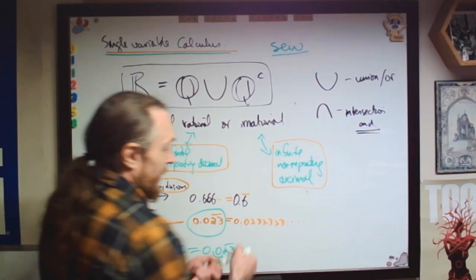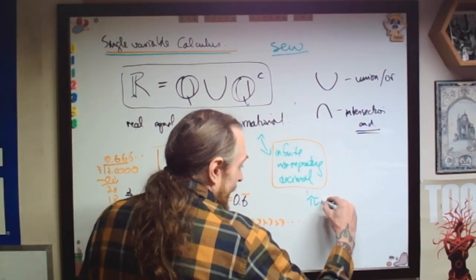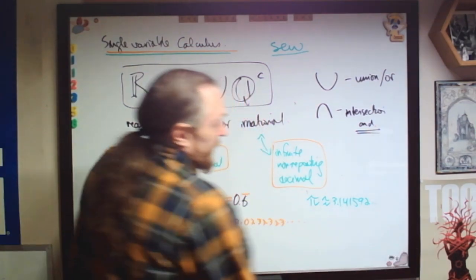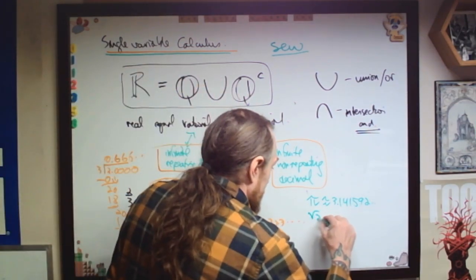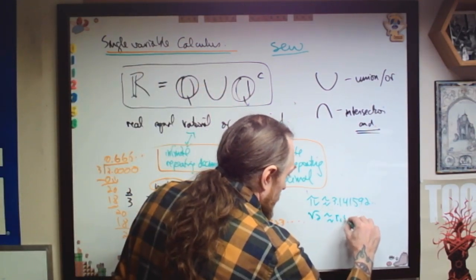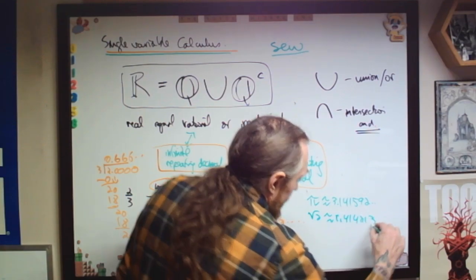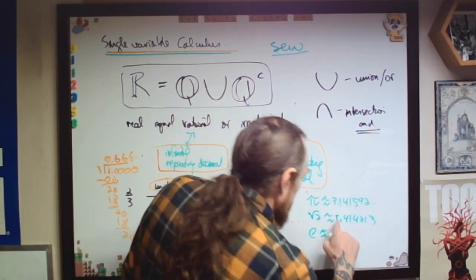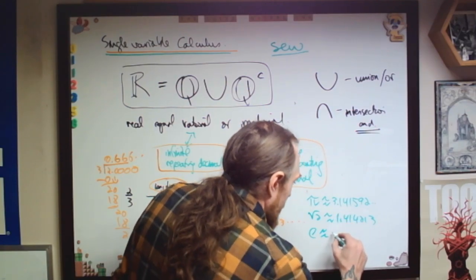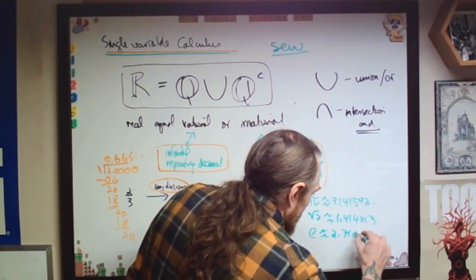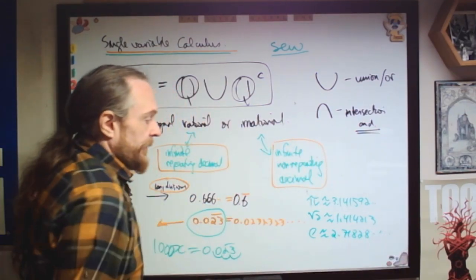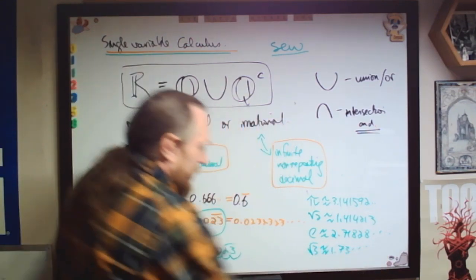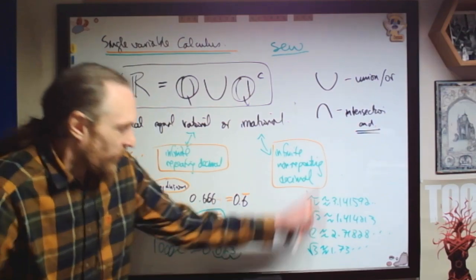And yes, the few that you might know are pi, which is approximately equal to 3.141592..., or the square root of 2, which is approximately equal to 1.414213..., or e, which is going to be our favorite guy, which is 2.718281828, etc. Square root of 3, 1.73, I don't know, because you have to memorize these, but we'll find out how.